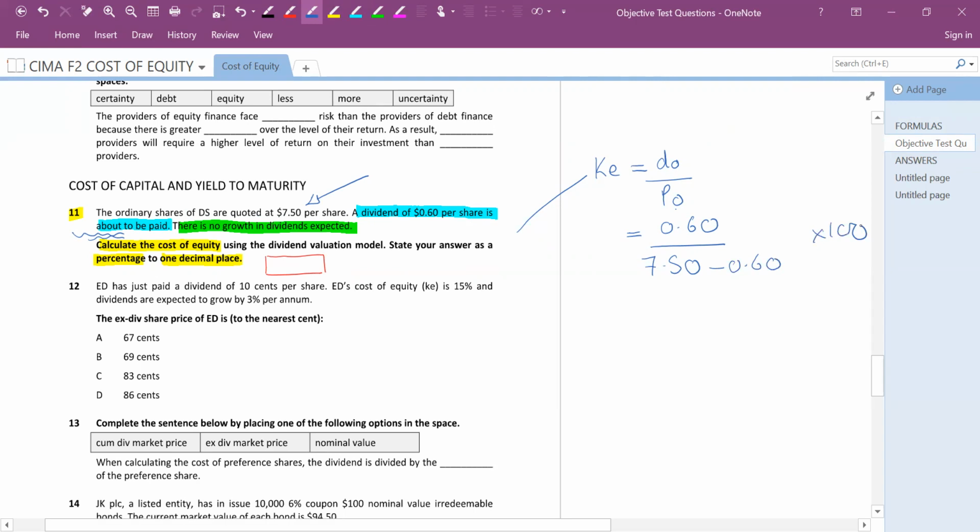So let's look, 0.6 divided by 6.9 in effect, isn't it? Times by 100. I work that out as being 8.7%. So that's applying the cost of equity formula, the dividend valuation model, where no growth is expected in dividends.